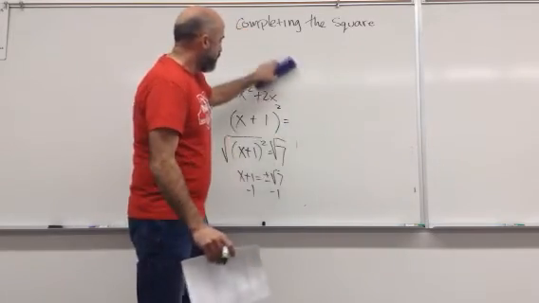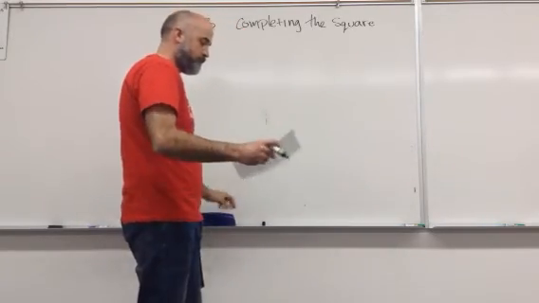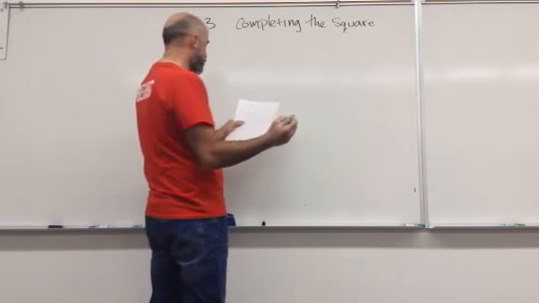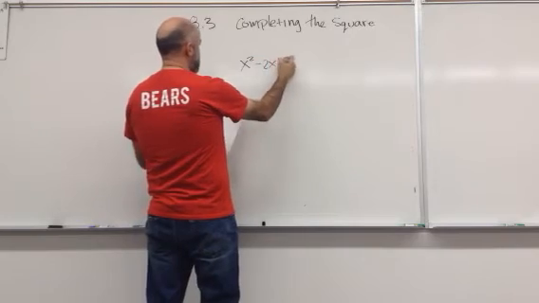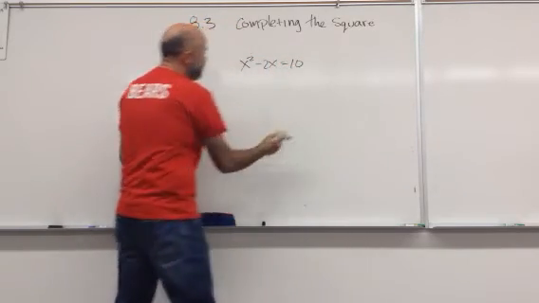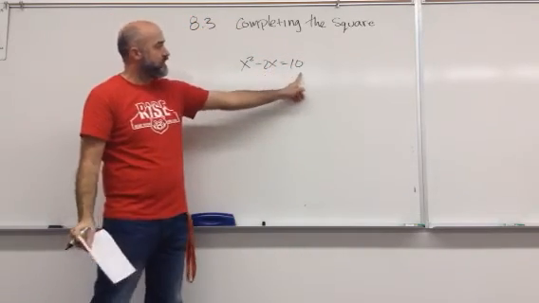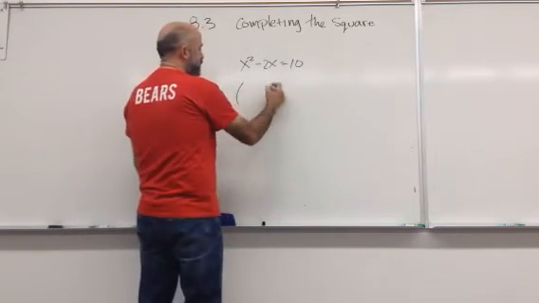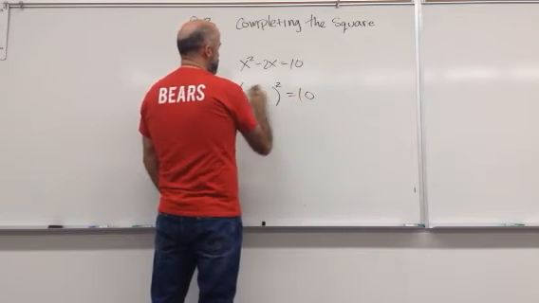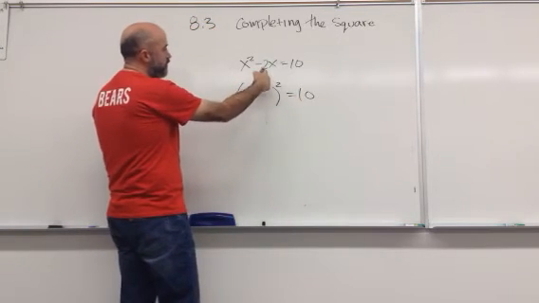Let's try another problem. This is example 2, the one I should have done last. X squared minus 2x equals 10. For this problem, we've already moved c over to the other side. That's already done for us. So we're ready to skip to the end. X, and here goes b over 2.